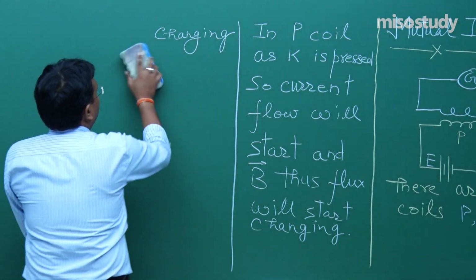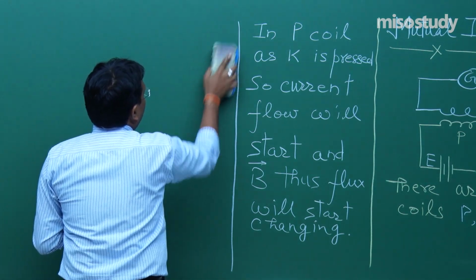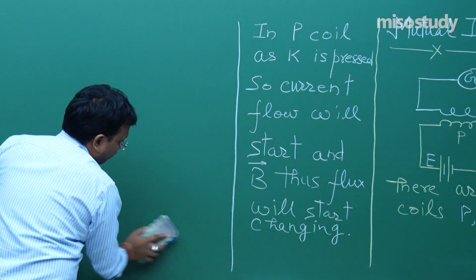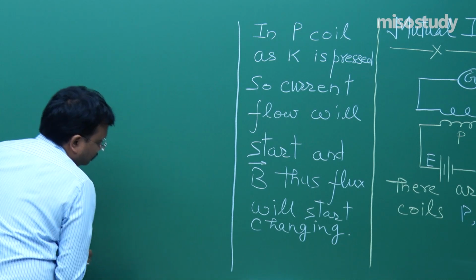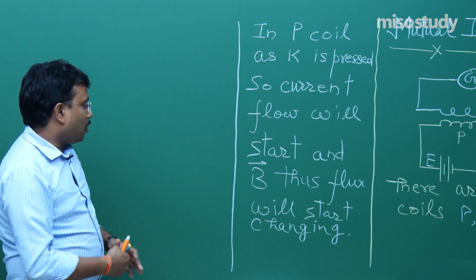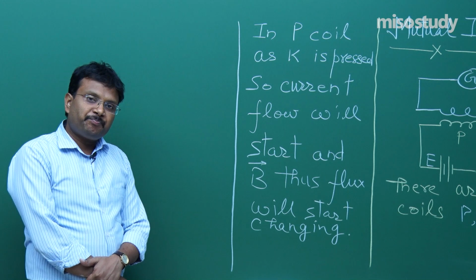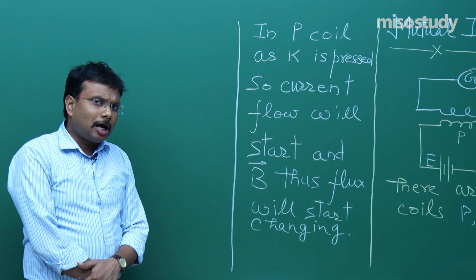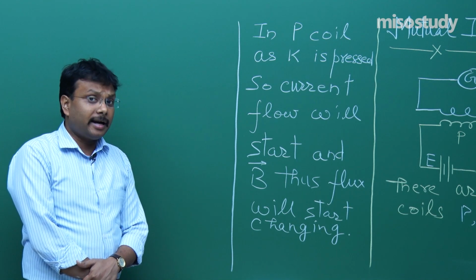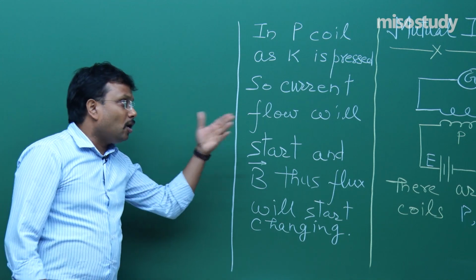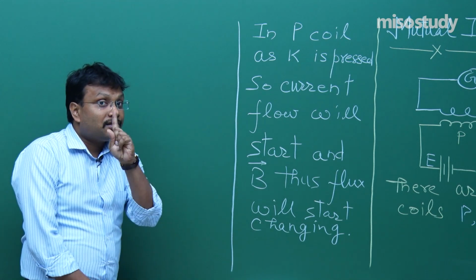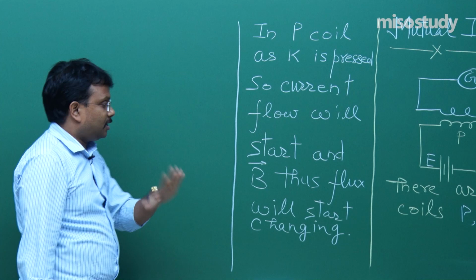Now because of this flux change, in the primary coil EMF will come into picture, induced current will come into picture, and also with this primary coil self inductance L is associated.